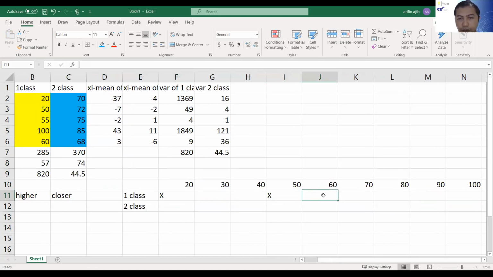And 55 is around here, and 60 around here.